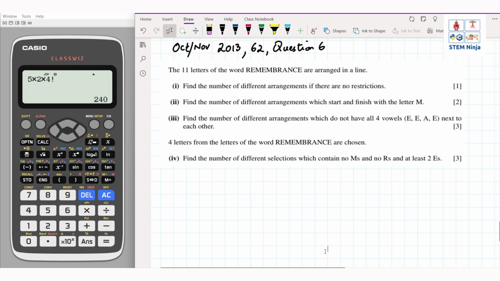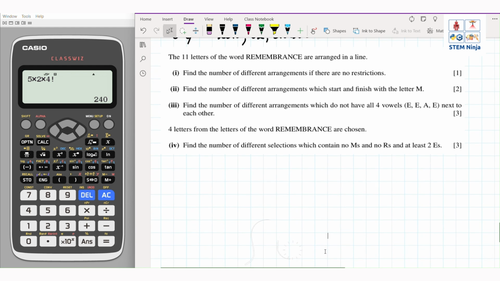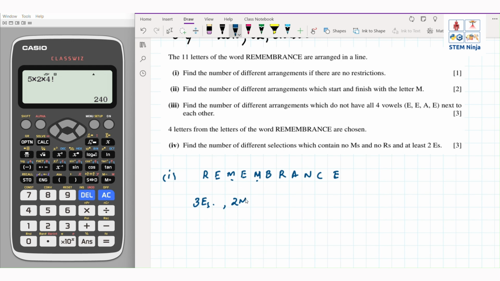The 11 letters of the word remembrance are arranged in a line. Okay. So first off, before we jump into this, in the word remembrance, we have three E's, two M's, and two R's.